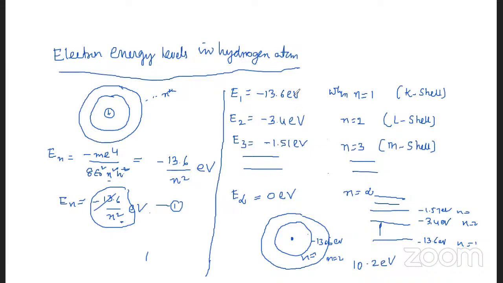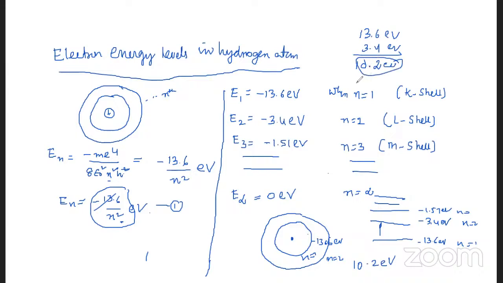Hence the electron is excited from n equals 1 to n equals 2. How do we get 10.2 electron volts? It is the difference between 13.6 electron volts and 3.4 electron volts, so 10.2 electron volts.